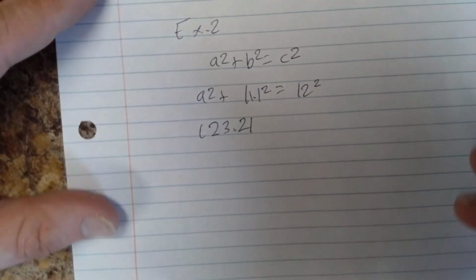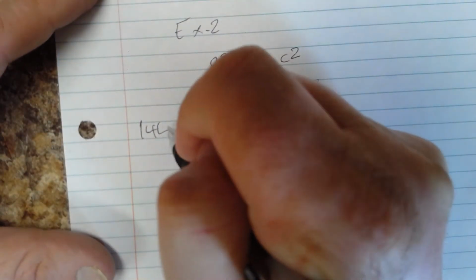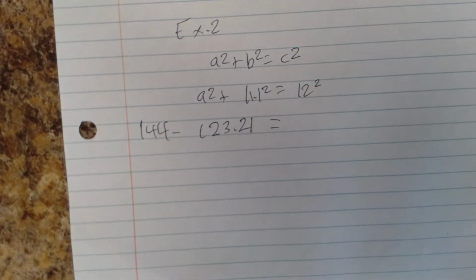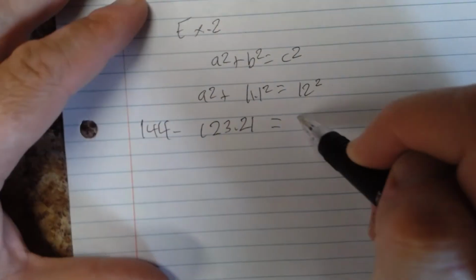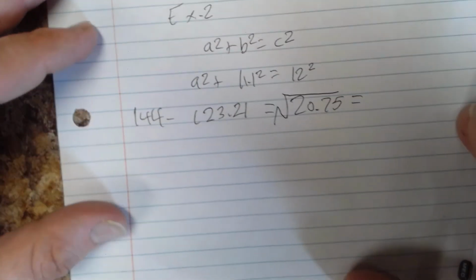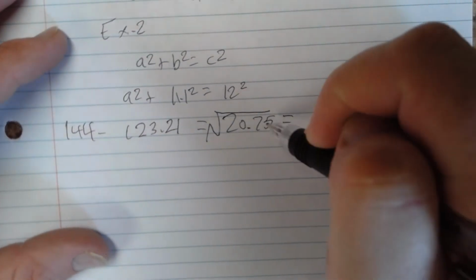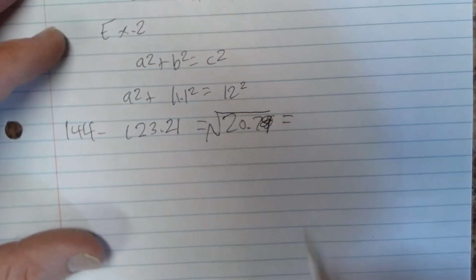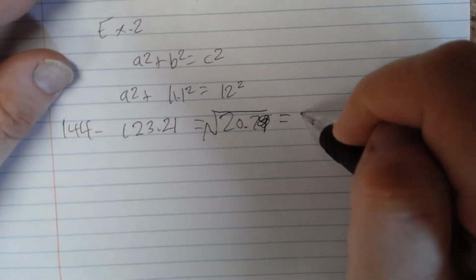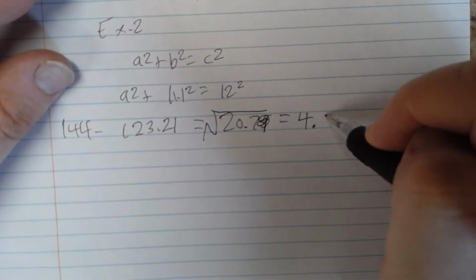I really should have done the 144 first. And then we'll subtract 144 minus 123.21, which is 20.79. And of course we need a square root of that, which is 4.56.